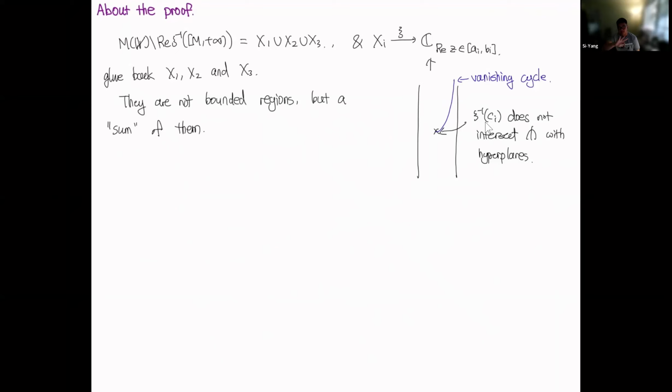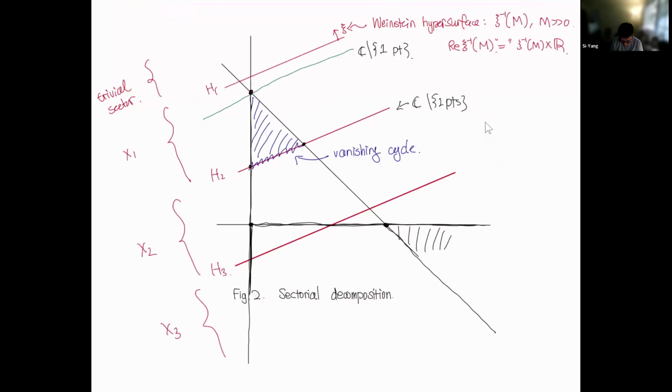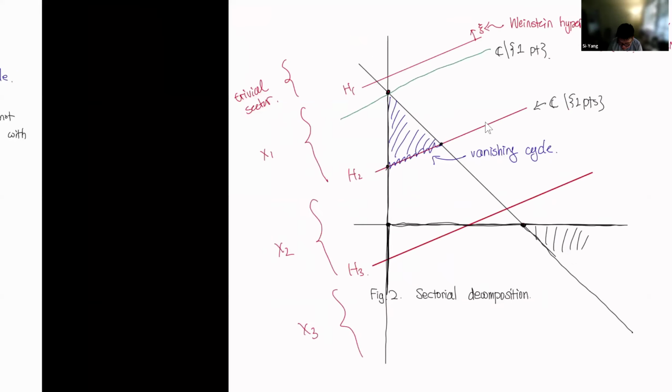So if you want to run this handle story in this case, you will find that if you introduce this sectorial cut, each boundary gives you a non-trivial handle structure, which you also need to handle.